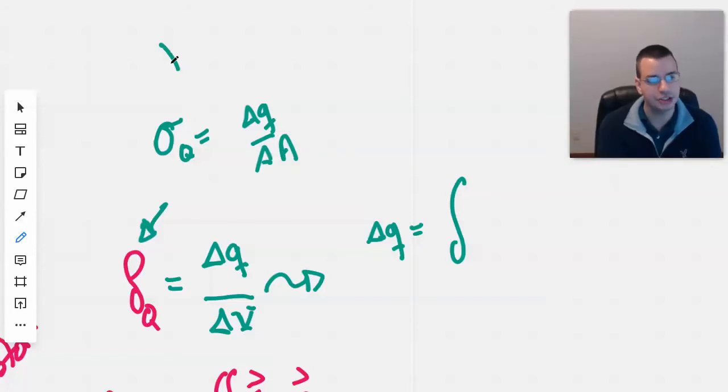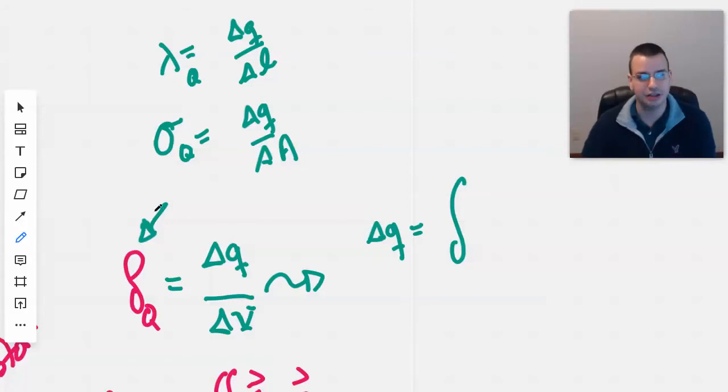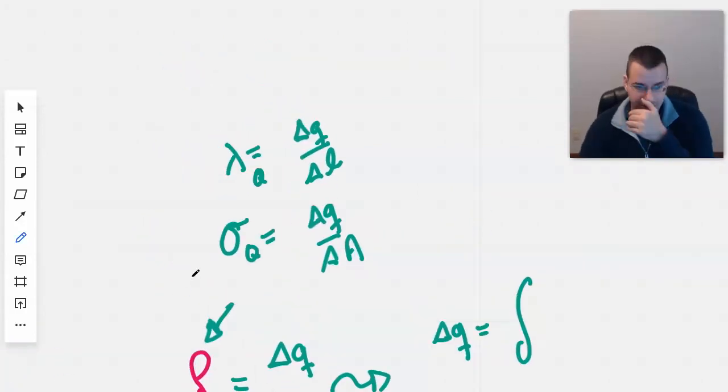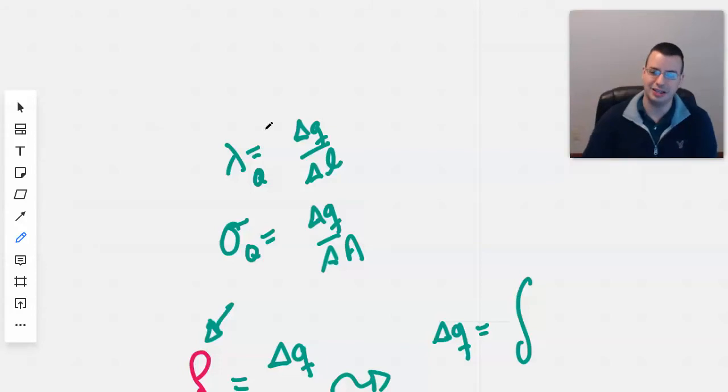And then you also see lambda for a linear charge density, delta Q, a small unit of charge for a small unit of length. What I remember is lambda starts with L, which sounds similar to length. I use that mnemonic to keep those together.